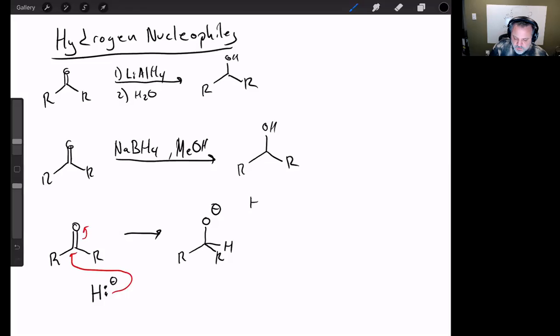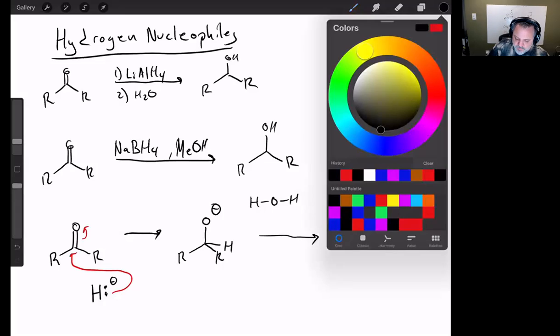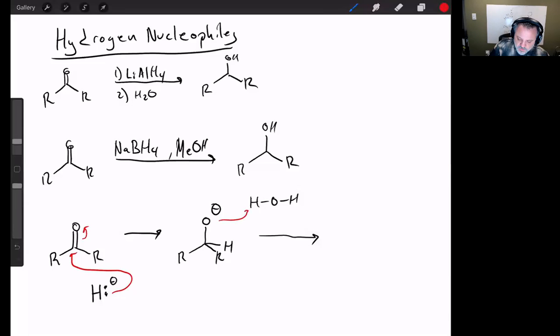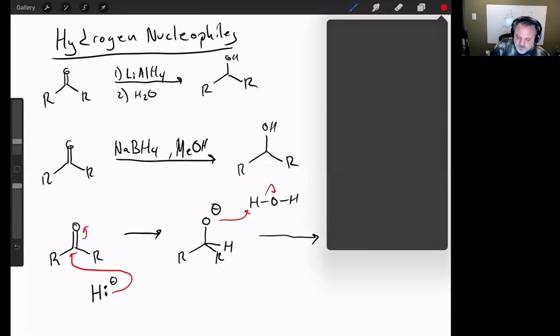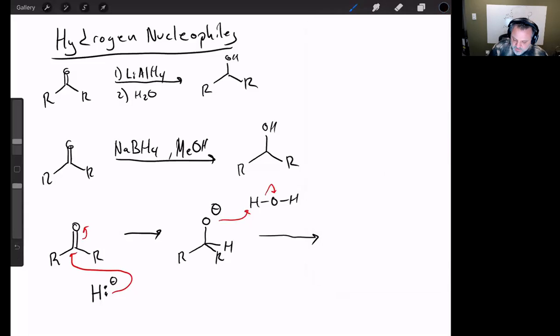And this is where some proton source comes along. Whether that proton source is water or maybe methanol, in either case, we're making our secondary alcohol product.